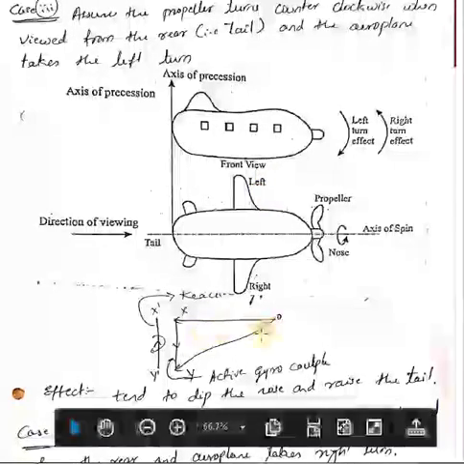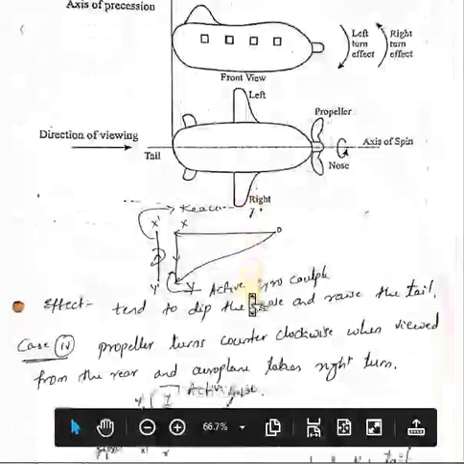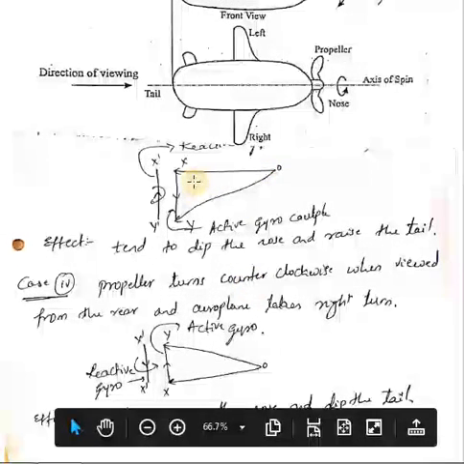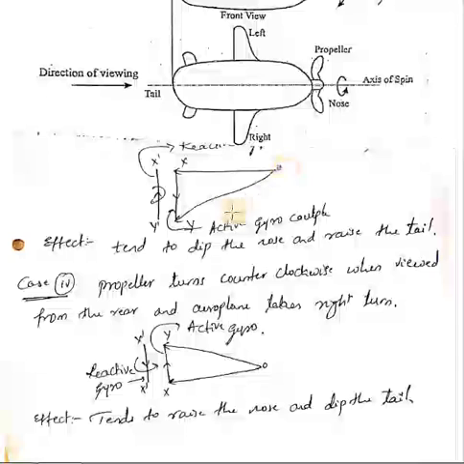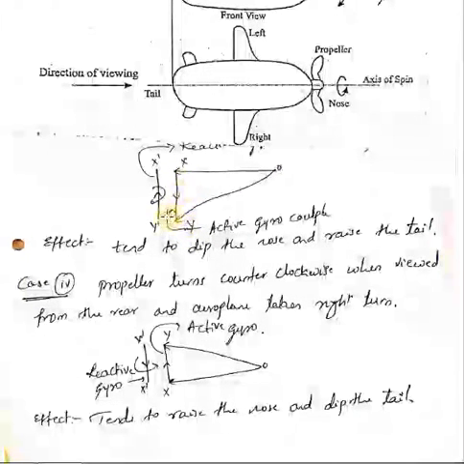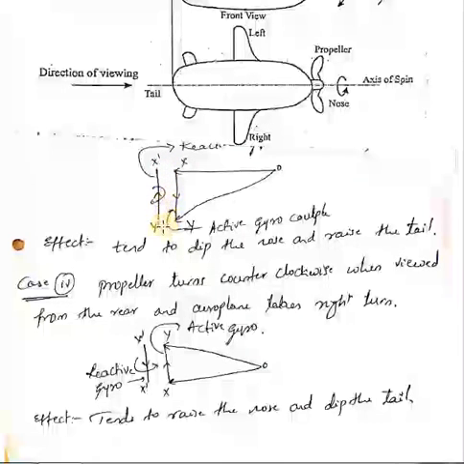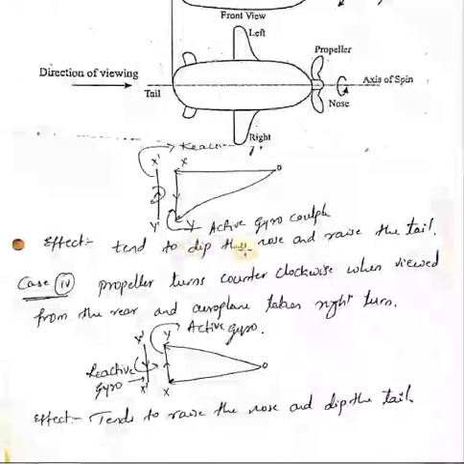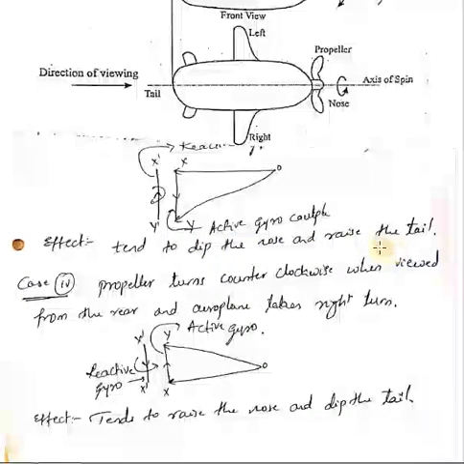So the angular momentum can be obtained by this vector diagram. This OX is before turning. Once it takes the turn, that time it is represented by OY. So this XY is the active gyro couple and this X dash Y dash is the reactive gyro couple. So the effect will be that it will tend to dip the nose and raise the tail.